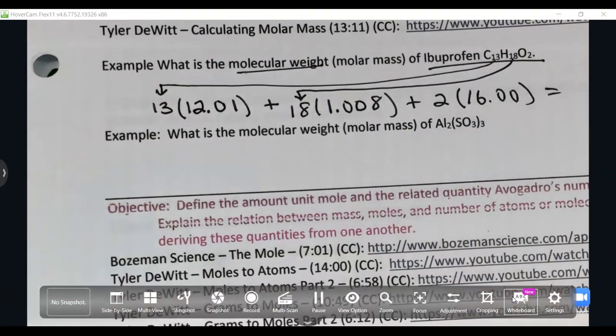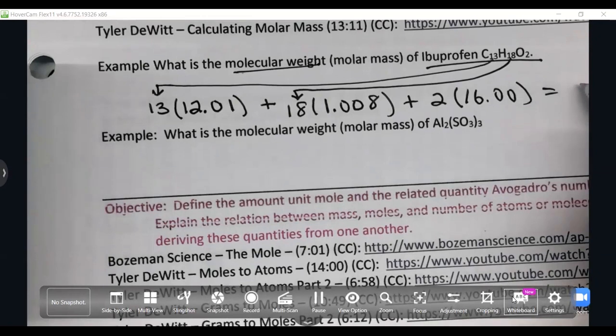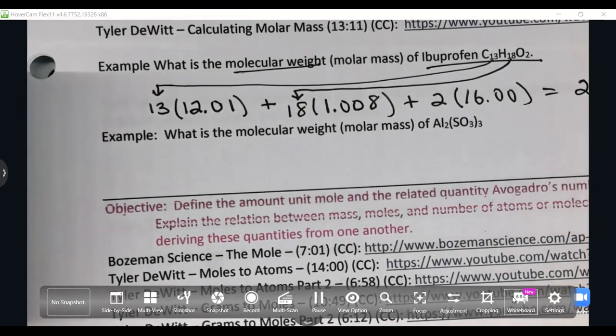Your calculator will do that. Just grab your calculator, run that through. And if we did 4 sig figs, 206.3. Anybody get 206.3? So 206.3 grams in a mole.